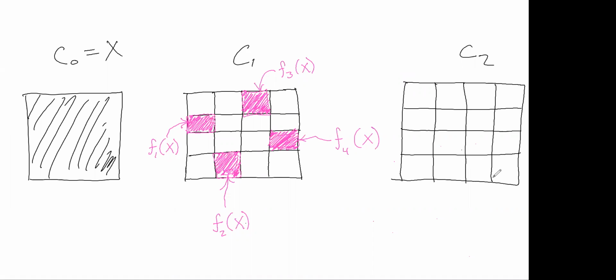Now, each of those 4 pink squares that I drew, I'm going to subdivide into 16. Right. And now I'm going to pick the right one. So this one, this one, this one, and this one. And then I do the same with all the other ones.